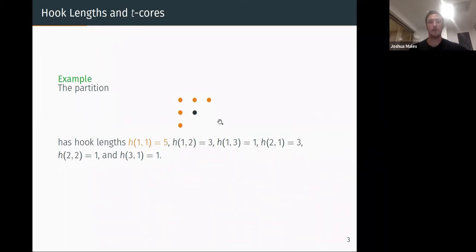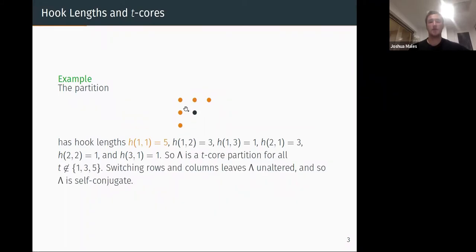So what does that mean? That means this partition lambda is a t-core partition for all t that don't divide these numbers. So for any t not in 1, 3, and 5, this is a t-core partition. Even better for us, switching rows and columns here leaves lambda the same, so lambda is a self-conjugate partition. In particular, this is an example of a self-conjugate 7-core of the number 6.